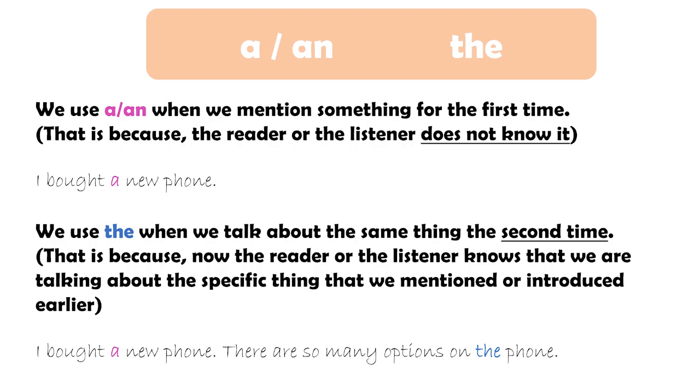Now you have learned how and when to use the articles. Now it's time for us to look at when we do not use the articles. The article is omitted before the names of substances and abstract nouns that are uncountable nouns.